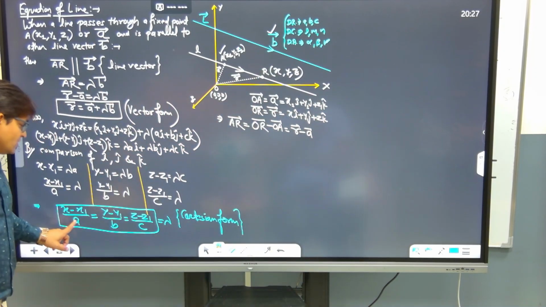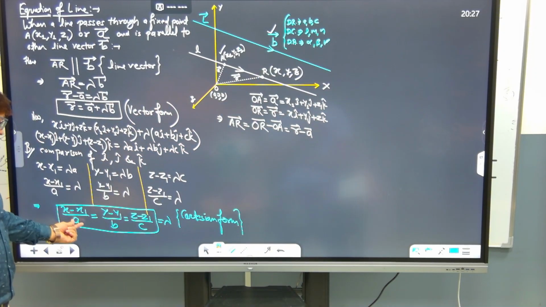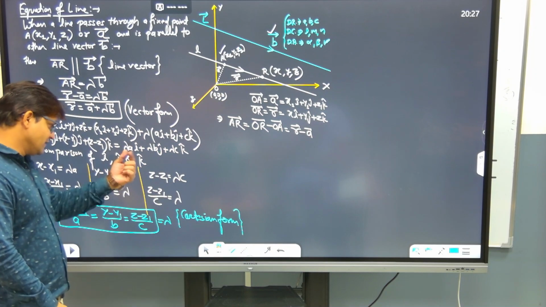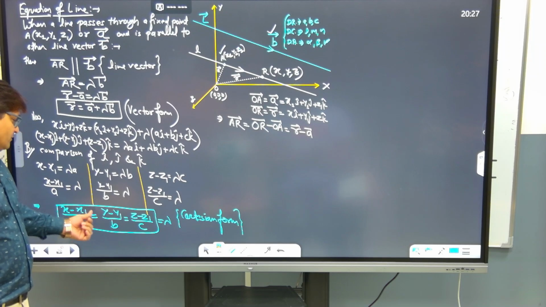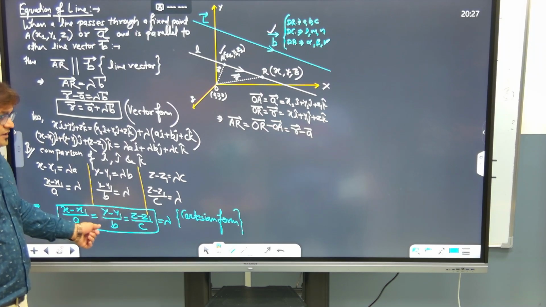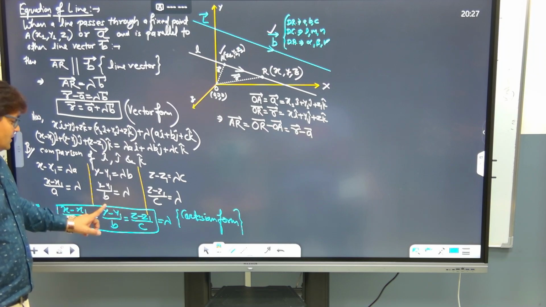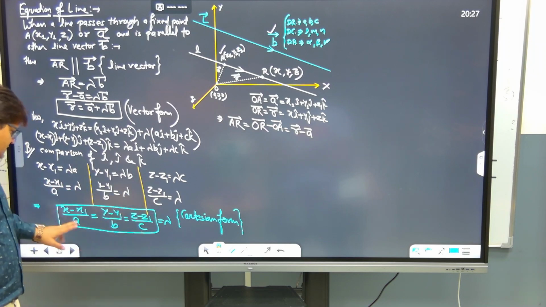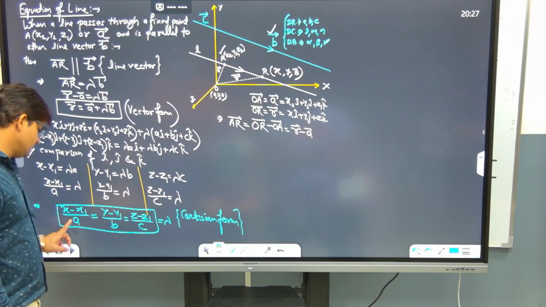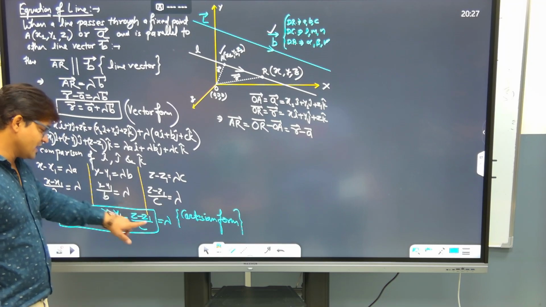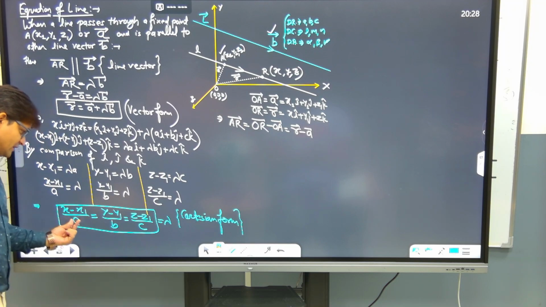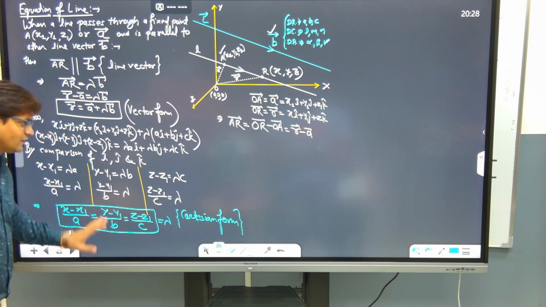Even we can write the value of a in terms of direction cosines. Instead of a, b, c, we can write lambda l. This is a different lambda. a equals some k times l, b equals k times m, c equals k times n. Here k cancels out. So we can write a, b, c or l, m, n also.